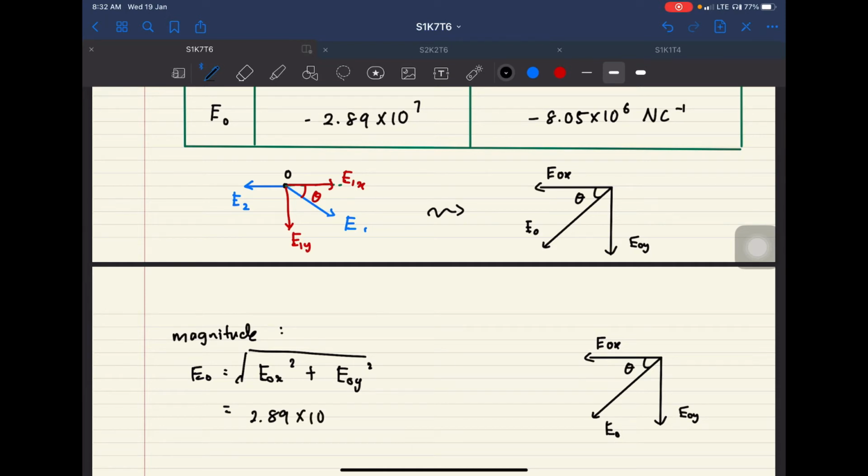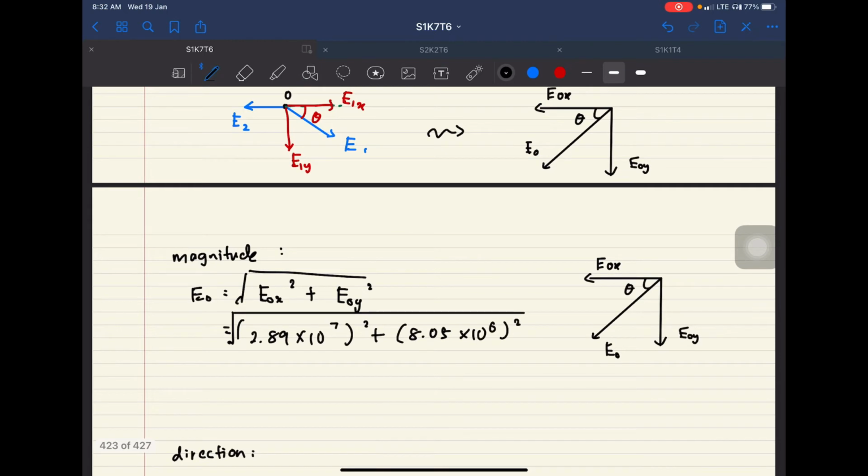I ignore the negative because this one will be positive, because you take the square. This one you should get 3 times 10 to the power of 7 Newton per coulomb.